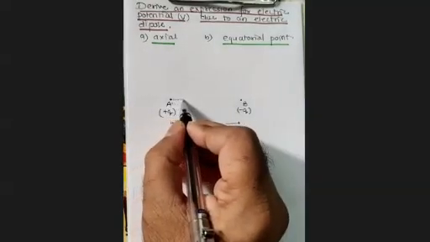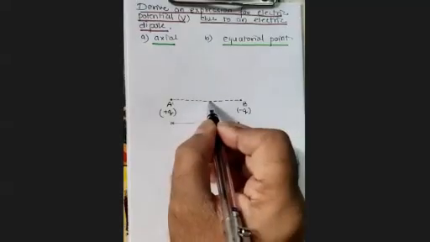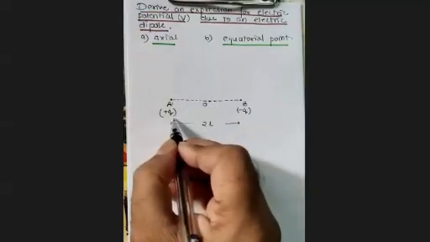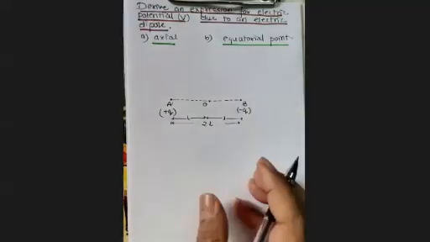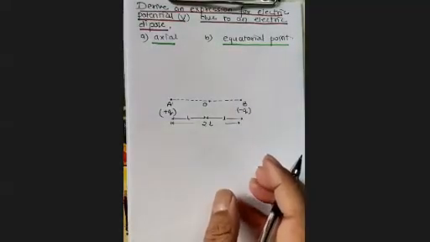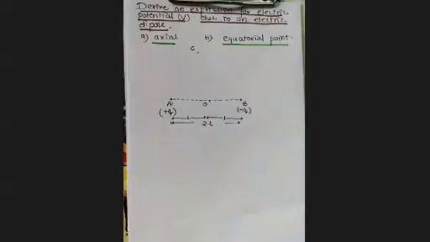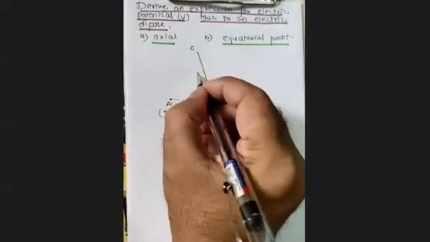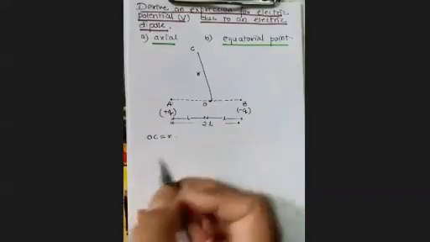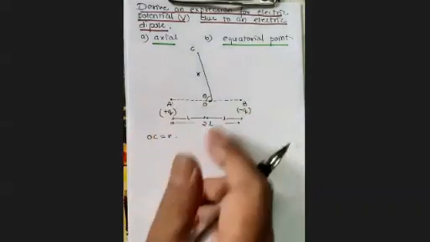So if I draw an axial line between A and B, the mid value I consider as O. Therefore, this length will be equal to L, and O to B will be also equal to L. Now let C be any point near the dipole at a distance R from O. So OC will be equal to R. And this makes an angle theta from AB.